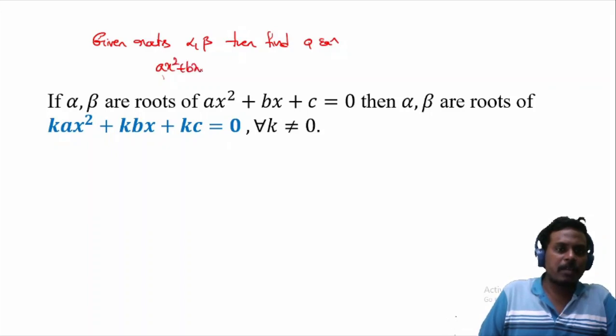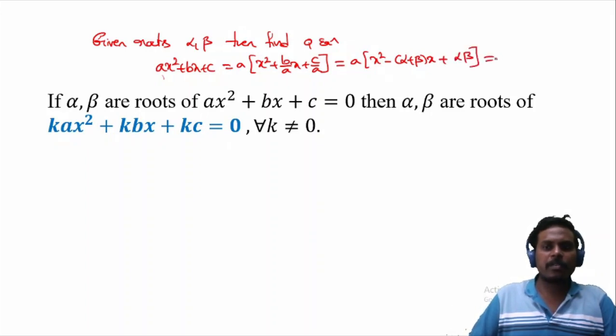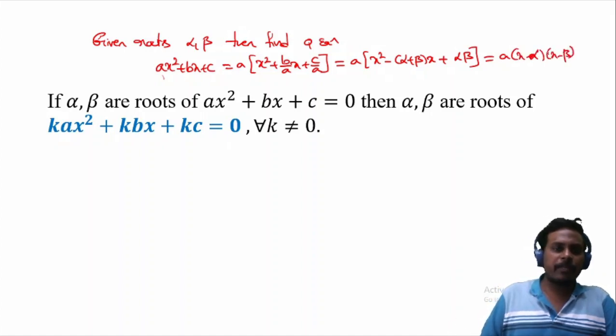Ax square plus bx plus c is equal to a into x square plus b by a into x plus c by a, and this can be written as a into x square minus sum of the roots, which is b by a, and c by a can be written as the product of the roots, that is equal to a into x minus alpha into x minus beta.